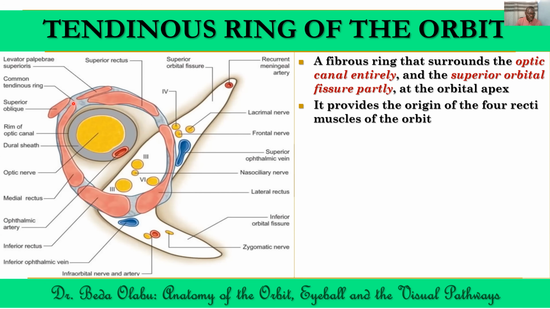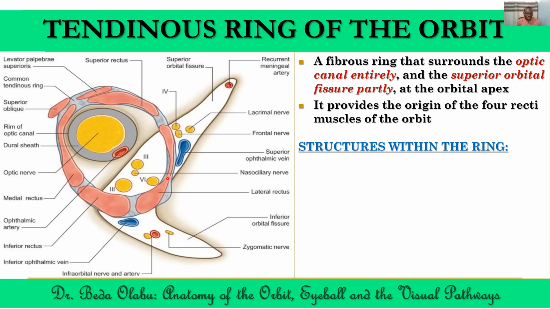Of importance to note is that the tendinous ring encircles the whole of the optic canal and the lower part of the superior orbital fissure. The inferior orbital fissure is not encircled by the ring, and the upper parts of the superior orbital fissure is also not encircled by the tendinous ring.